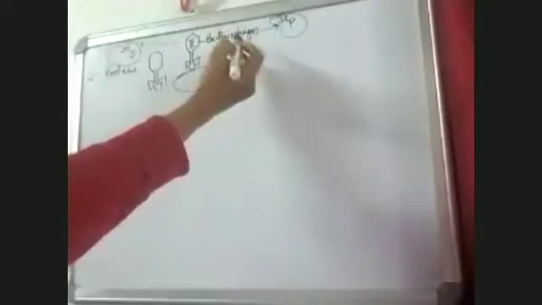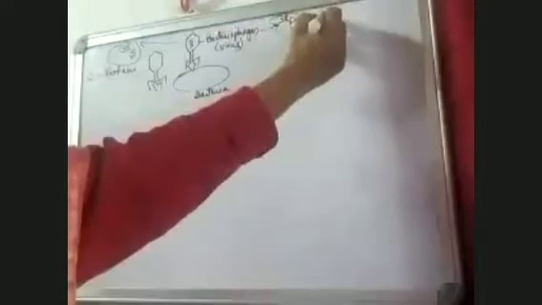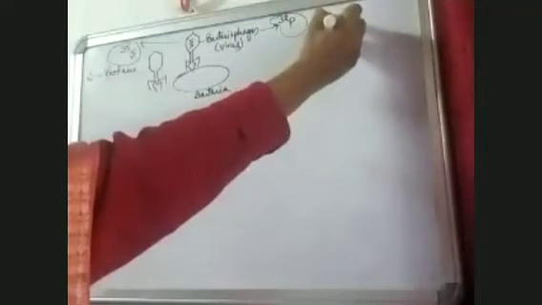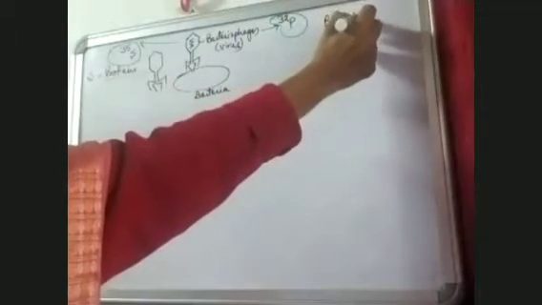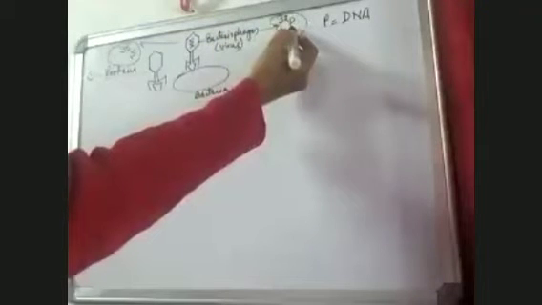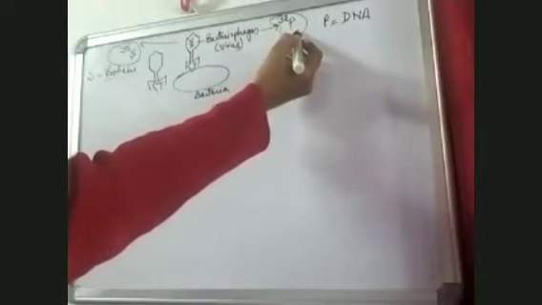And when we grow the bacteriophage in a medium with P32, phosphorus is an important component of DNA. You know, DNA has phosphorus in it. So if the bacteriophages are cultured in a medium having phosphorus or P32, which part of the bacteriophage will get labeled?